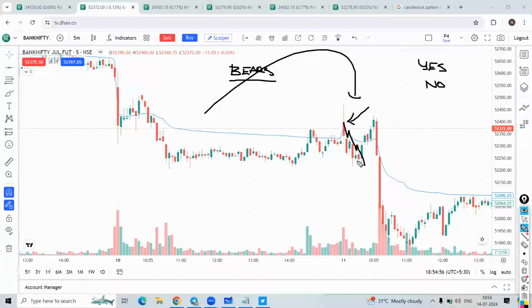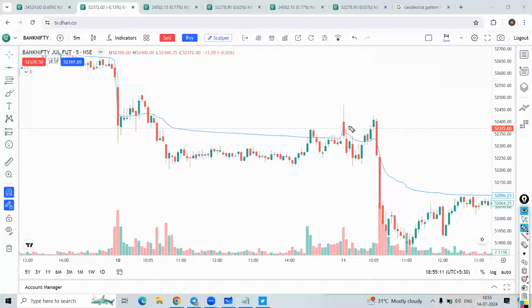If price continues to take resistance and go down, they are coming. Price takes support and reverses back, bears are not coming. That's it. Again, making trading more simple. No point in overcomplicating. Sir, the market is open. Now, whether the bears will come or not, I will use my brain and I will predict.